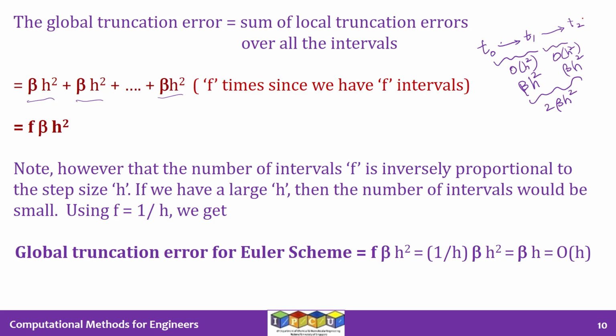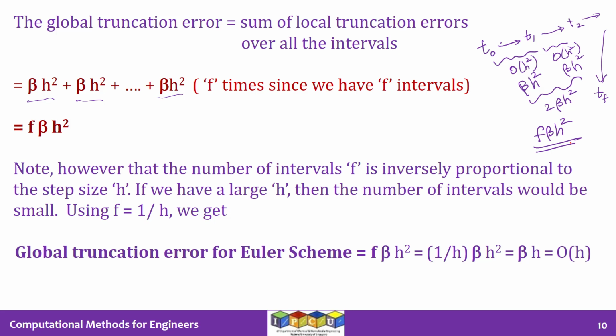Now, if we extend this idea to tf all the way, t0 to t1, t1 to t2, t2 to t3, t3 to t4, all the way till t is equal to tf, you would have accumulated f beta h squared as the overall error.